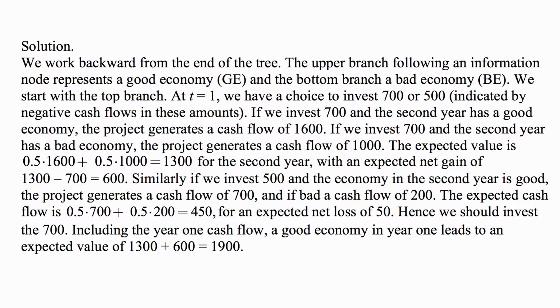We're talking about good economy right now. That cash flow is 1,300. A good economy in year 1 leads to an expected value of 1,300 plus 600, which is 1,900. That 600 comes from the 1,300 minus 700, the expected result of investing 700 in the second year. So 1,900.